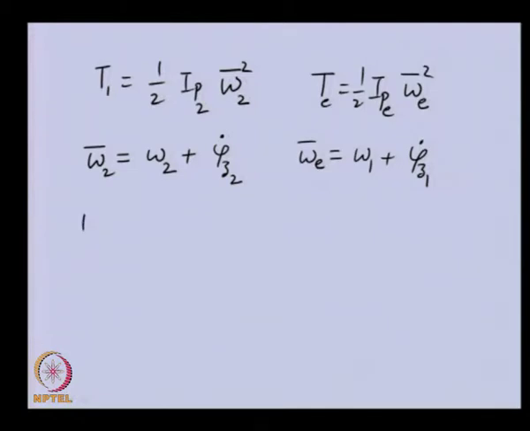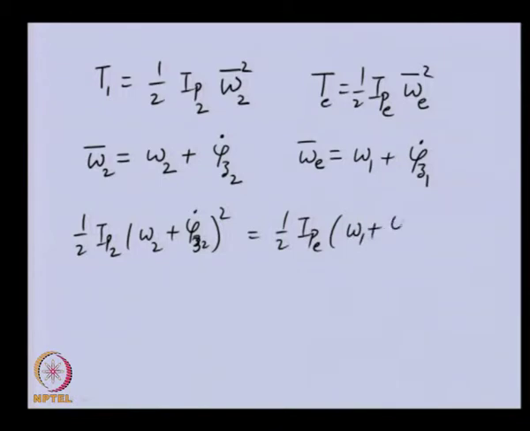Half I p 2 (omega 2 plus phi z dot) whole square is equal to half I p e (omega 1 plus phi z 1 dot) whole square.